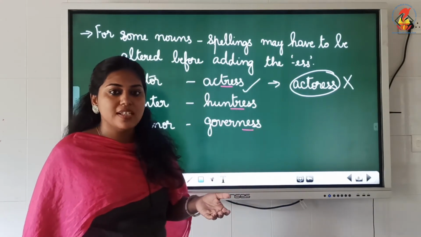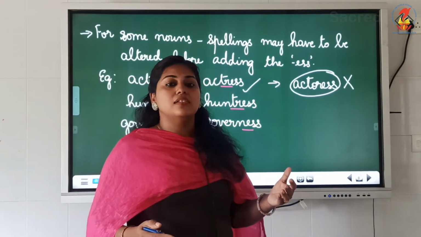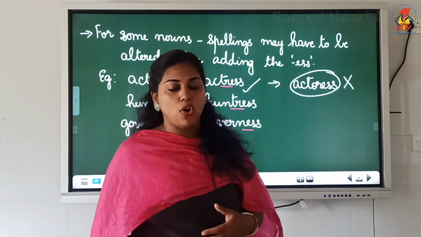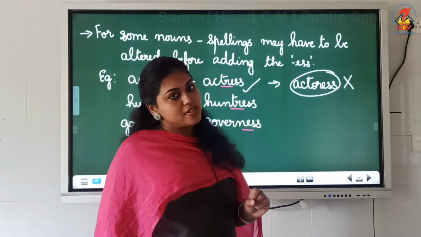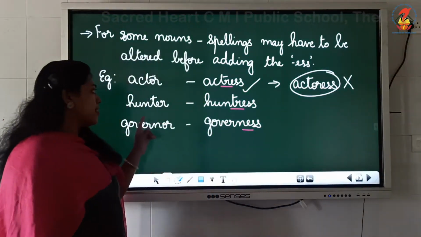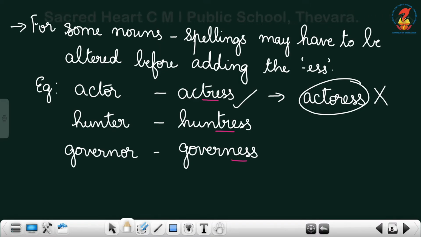For certain words, it's not always that we can change it into feminine form by adding ESS. We have to have a look at the spelling as well for some nouns. Other examples are hunter. Hunter is masculine form and huntress is the feminine form, where you change the spelling here. Here it is TER, right?